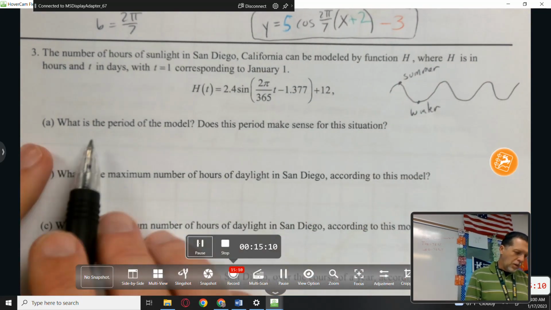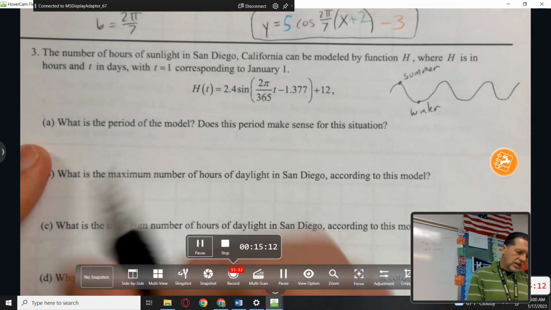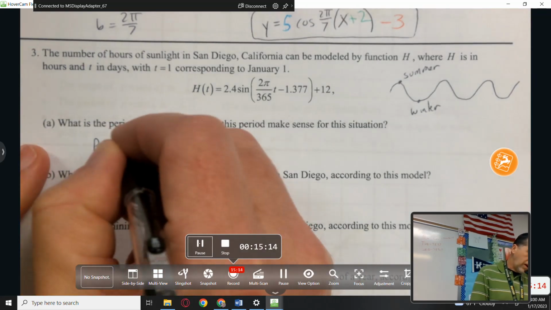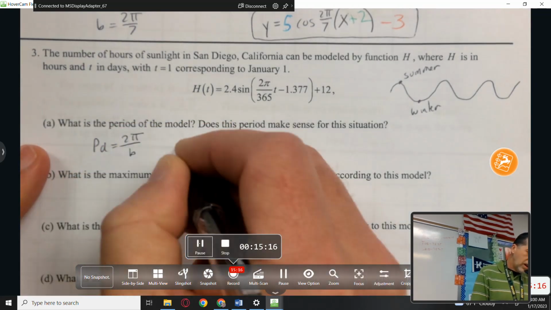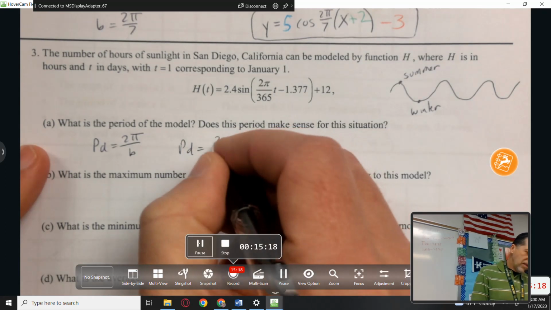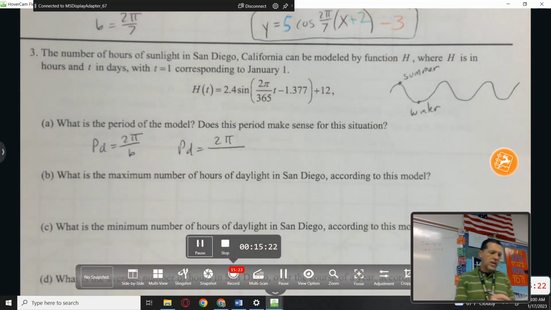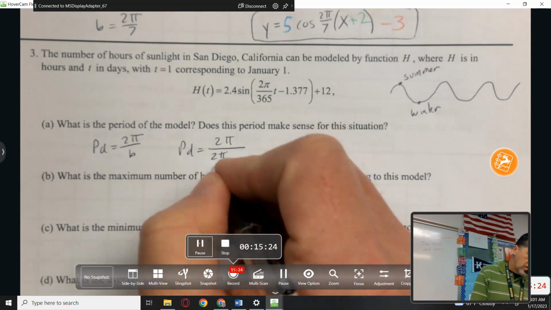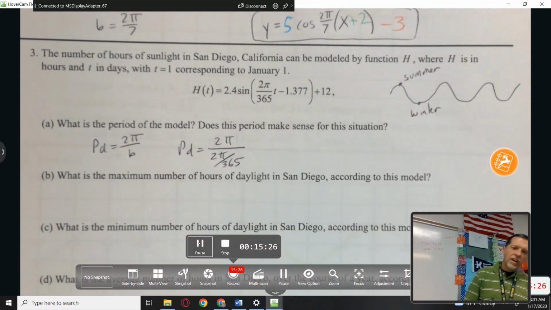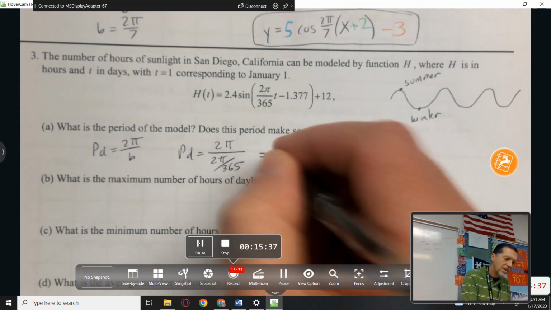What is the period of the model? Well, period is 2 pi over b. So 2 pi over 365. So that maybe looks complicated, but what does that become? 365.